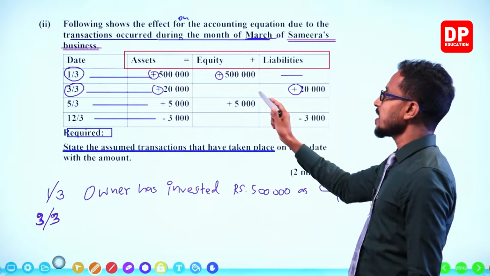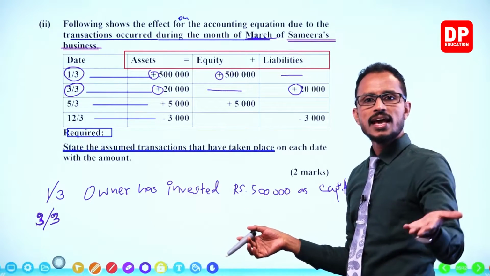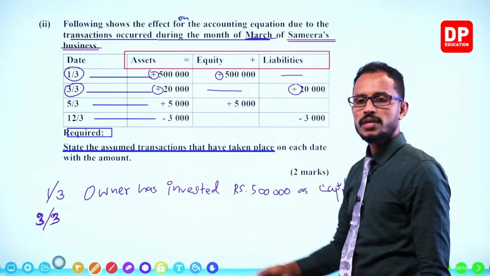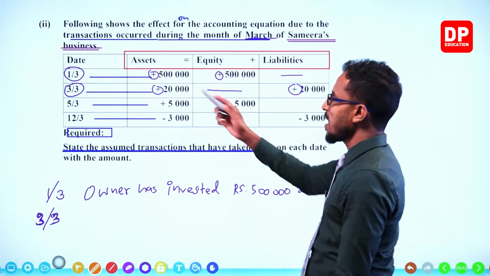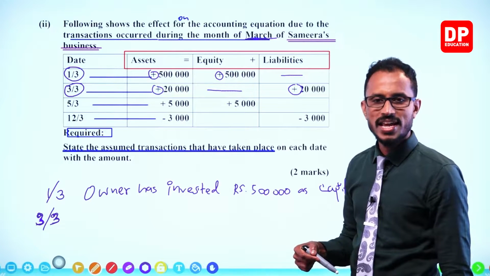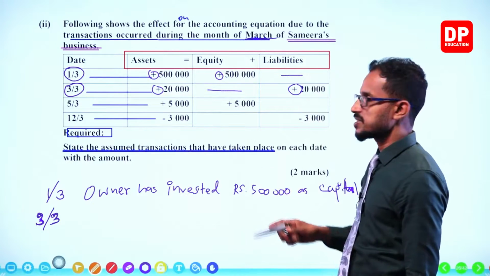Liabilities. Nothing under equity. A liability has been obtained for the business. Most probably, it can be a bank loan. Bank loan 20,000 taken. Obtained a bank loan 20,000. That's why liabilities have increased.